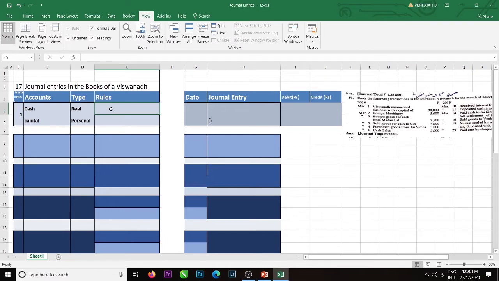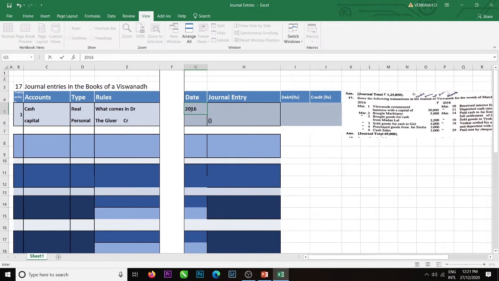So cash is coming into the business. I have to apply the rule: what comes in should be debited. Vishwanath is the giver. Giver should be credited.